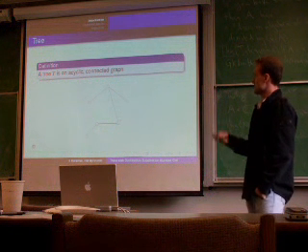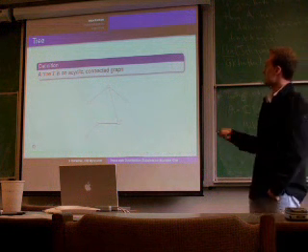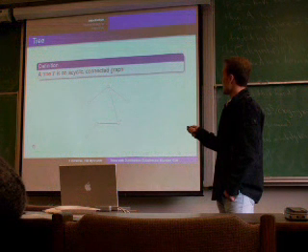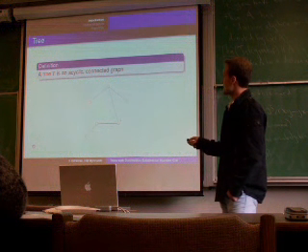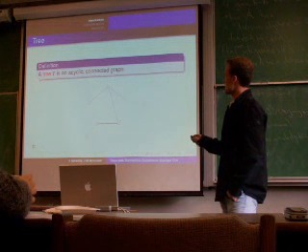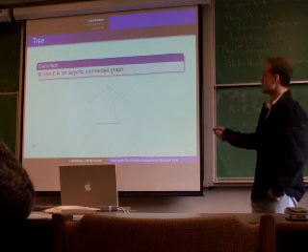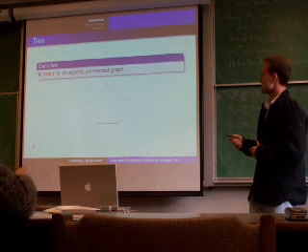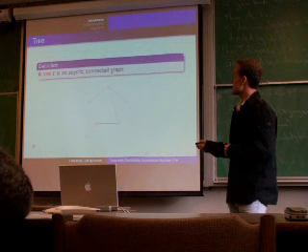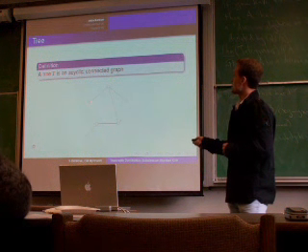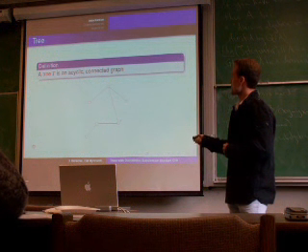So a tree, T for tree, is an acyclic graph and also connected, meaning that I can get from any vertex to any other vertex by traversing some edges. So it's one piece. So acyclic, there's no cycle. So there is a unique way to get from one vertex to another vertex.